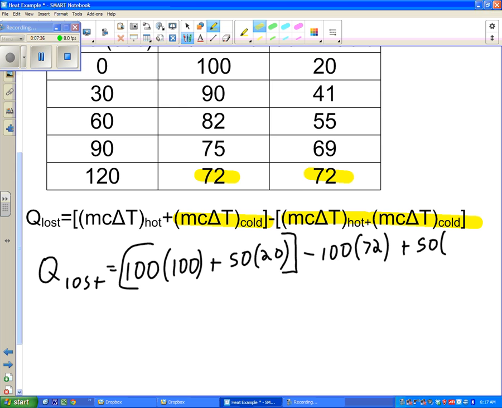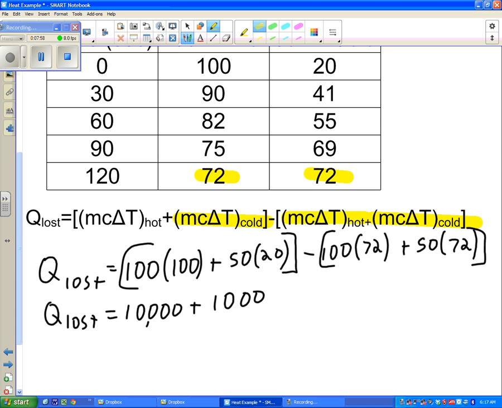And the temperature of the cold at the end was 72. And so this is my ending. All right. Heat loss, Q lost, equals, I have a 1 and 4 zeros, 10,000, plus 50 times 20 is 1,000.